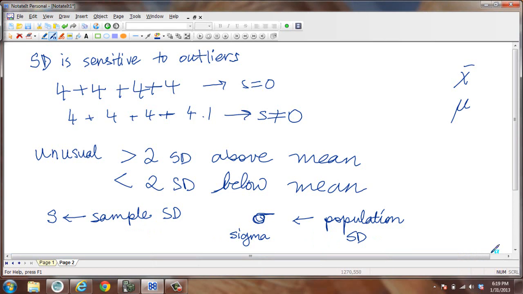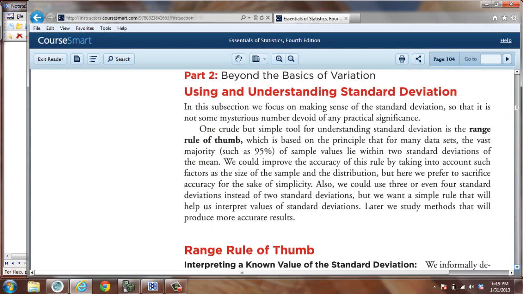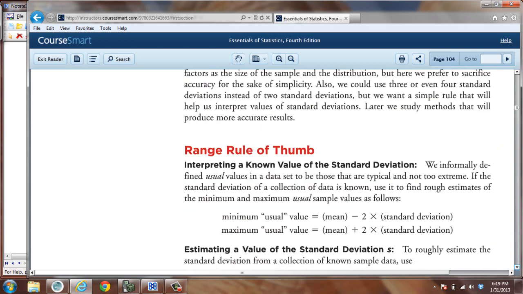Okay, if you turn to page 104 in your textbook, you can see that they talk about s and sigma, and they also talk about the unusual. This is the range rule of thumb. The mean minus twice the standard deviation is the minimum usual value, and the mean plus twice the standard deviation is the maximum usual value.